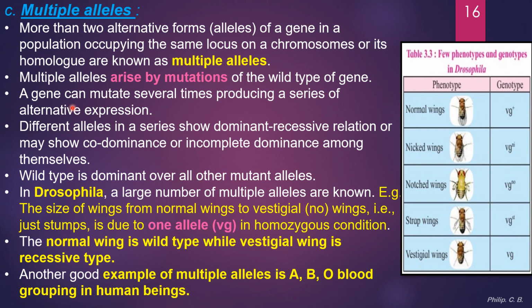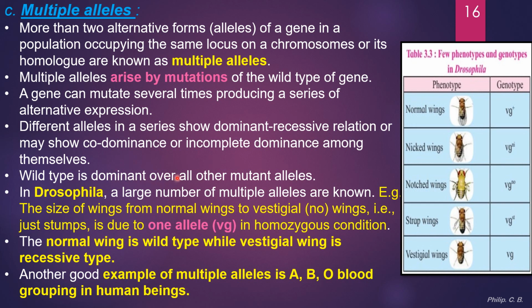What is mutation? Spontaneous changes which occur, maybe due to some chemical reaction or because of UV rays, etc. A gene can mutate several times, producing a series of alternative expressions. So it can keep on mutating many times, as we can see in the present situation. Different alleles in a series show dominant recessive relation or may show codominance or incomplete dominance among themselves, as we saw in the earlier two cases.